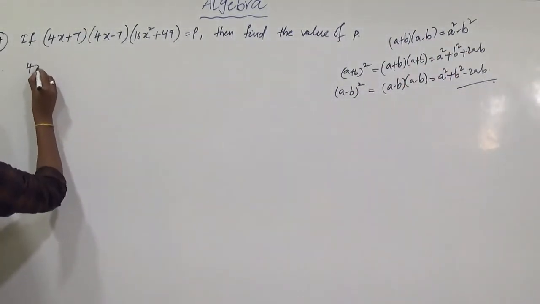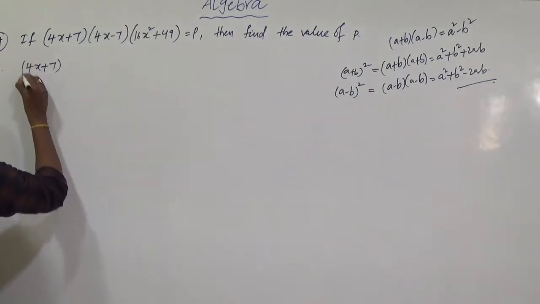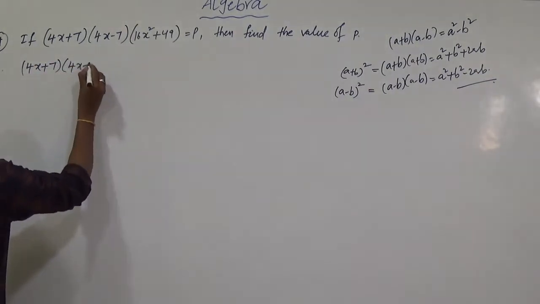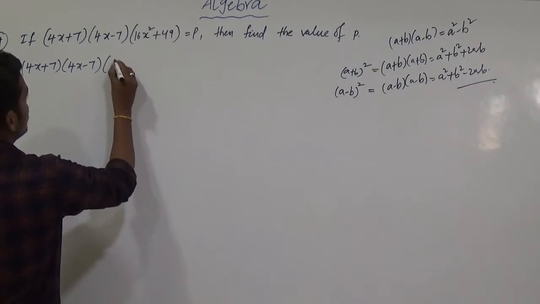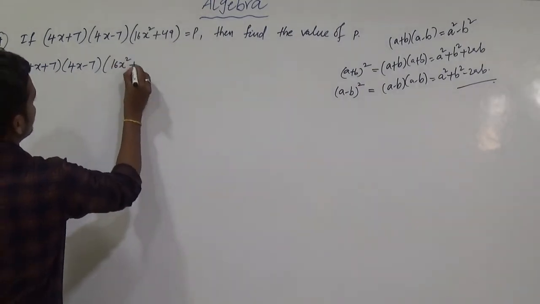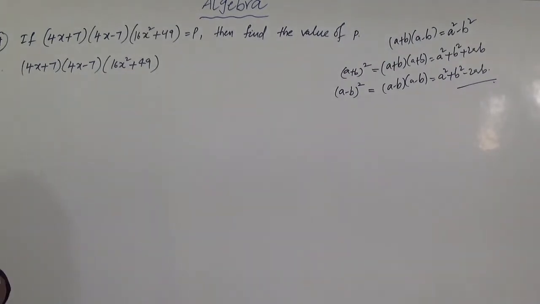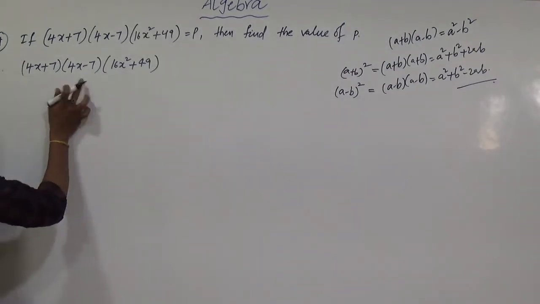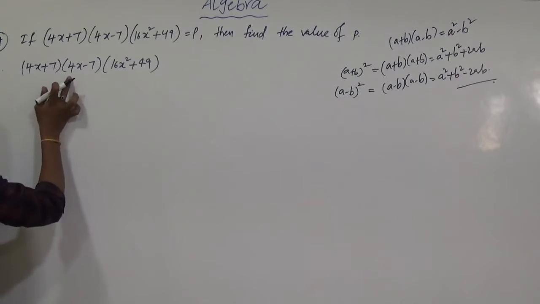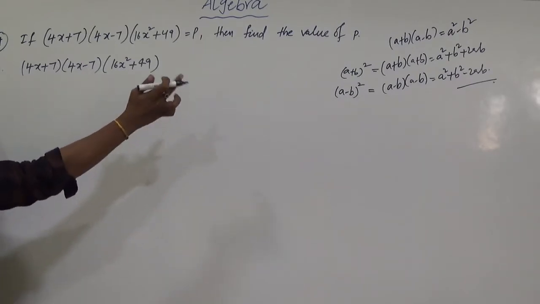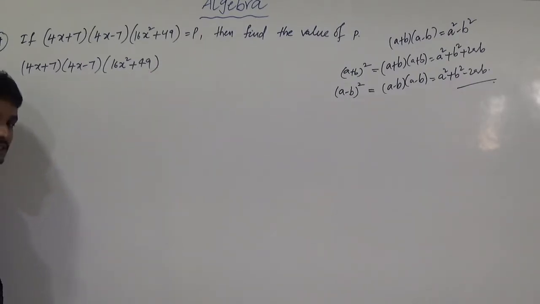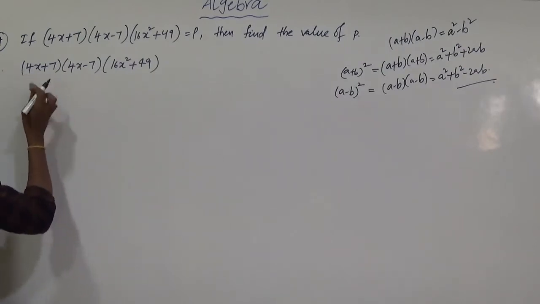I am writing the problem: 4x plus 7 into 4x minus 7 into 16x square plus 49. If you observe the first two terms, they are in the form of a plus b into a minus b, which equals a square minus b square. What is a here? 4x.